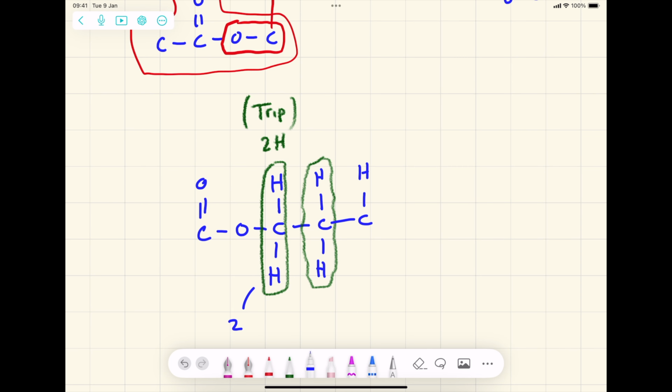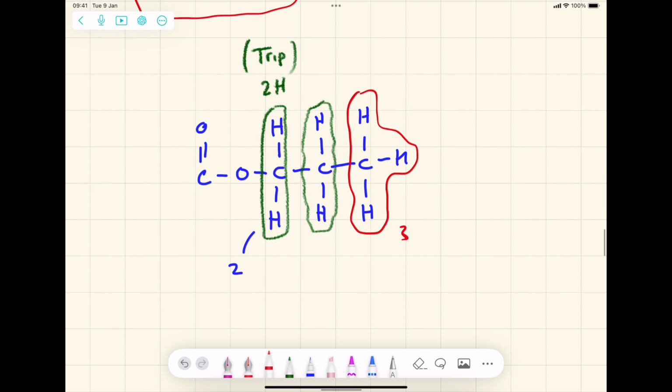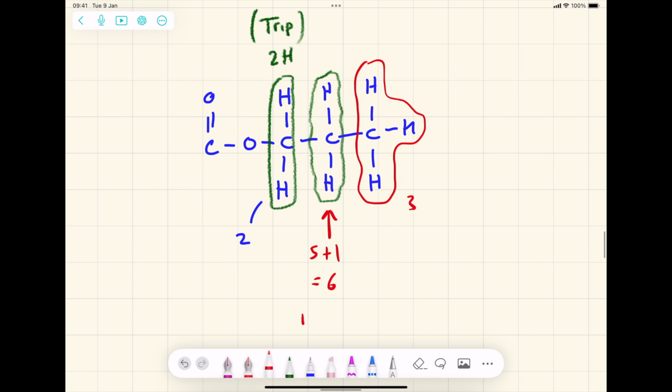So if I finish this with a CH3, that last environment here has 3 hydrogens. So this one in the middle, you can see on the left it's next to 2 hydrogens. On the right it's next to 3 hydrogens. So therefore, according to the n plus 1 rule, that'll be 5 plus 1 makes 6. So that middle carbon, that middle CH2 group rather, must be the multiplet.